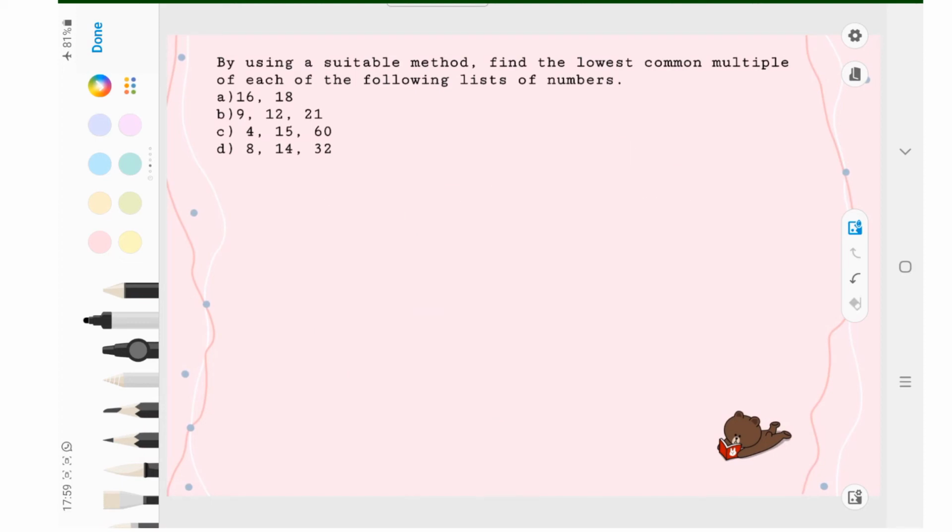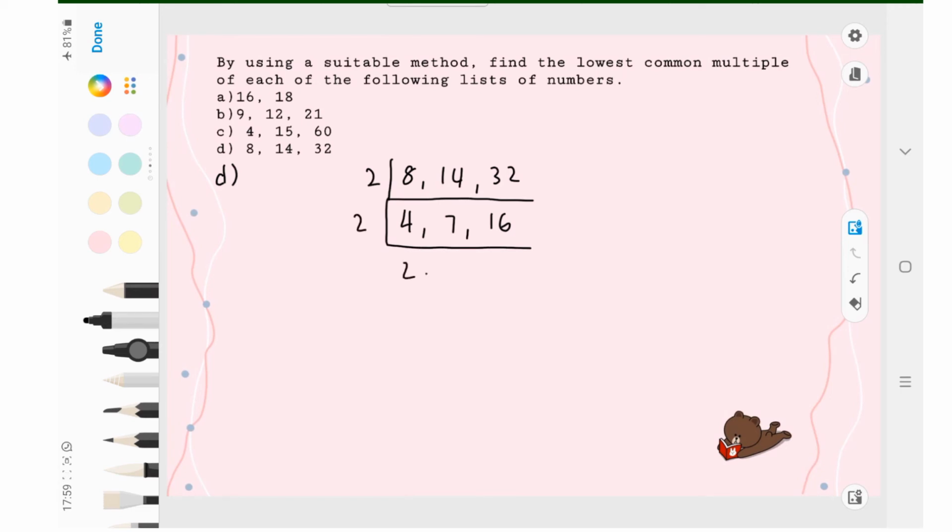D. 8, 14, and 32. We list down 8, 14, and 32 first. Divide by 2. 8 divided by 2 equals 4. 14 divided by 2 becomes 7. And 32 divided by 2 is 16. Divide by 2 again because we have 4 and 16. Equals 2, 7, and 8.